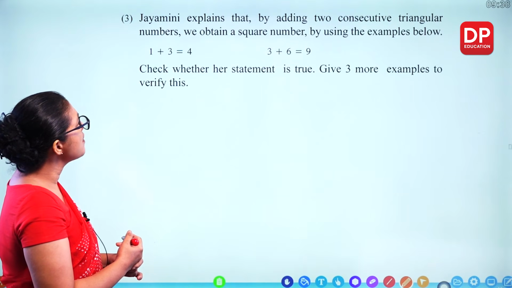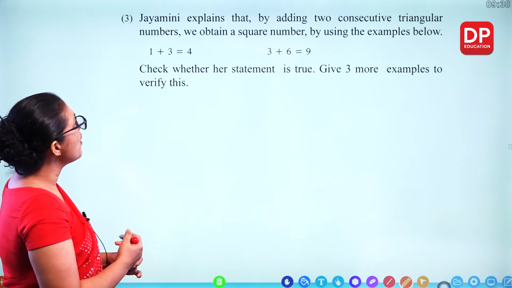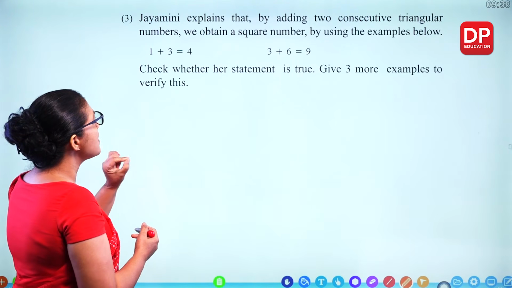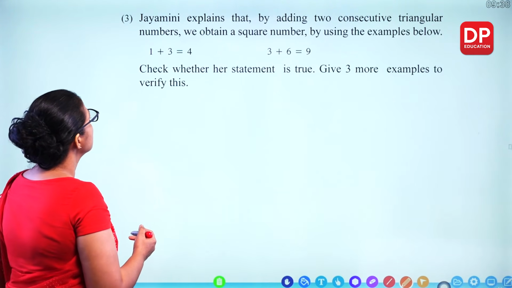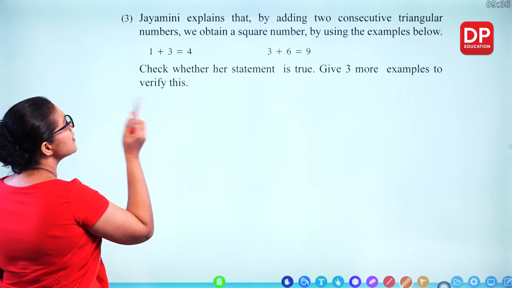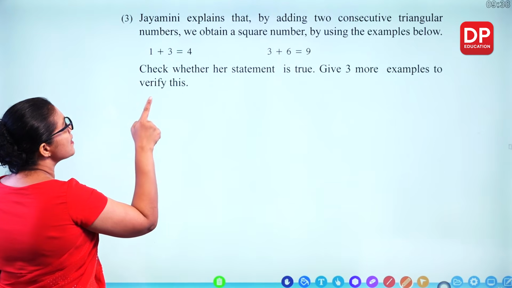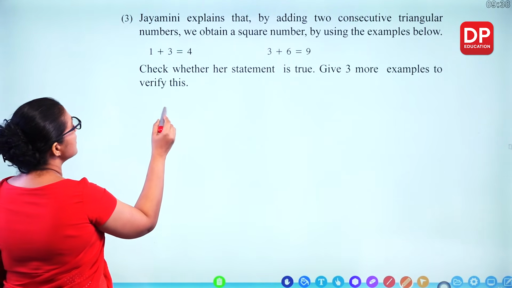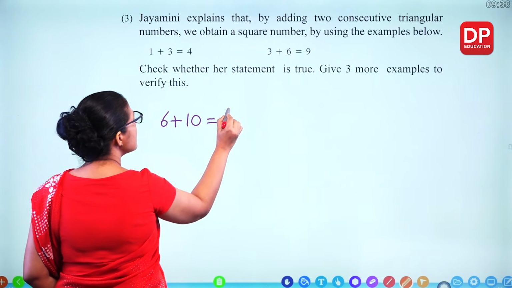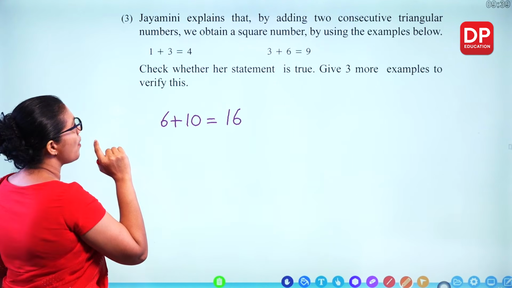Check whether her statement is true. Give 3 more examples to verify this. So, two consecutive triangular numbers. What are the next consecutive numbers? 6 with 10. So, you can add 6 and 10. That's 16. You get a square number.